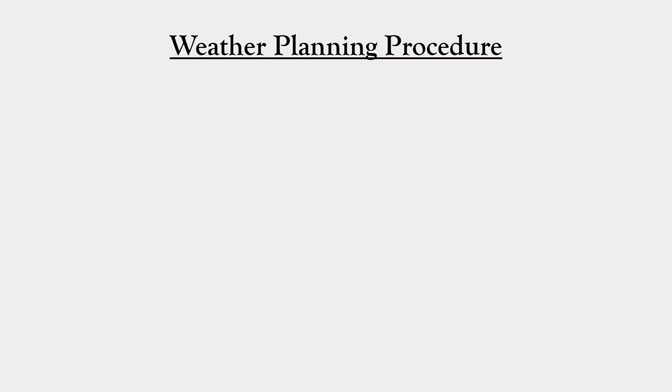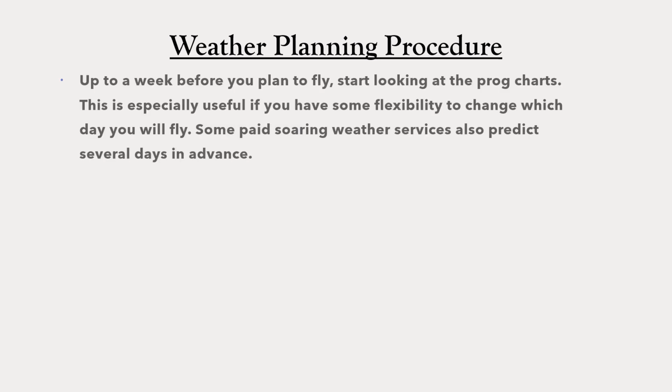Now let's talk about the procedures you should use, and when you should look at some of these different pieces of available information. I like to start looking at the weather up to a week ahead of a day when I have an opportunity to fly. That's especially true if I have some flexibility, and I could choose whether to go on Friday, Saturday, or Sunday, and I want to choose the day with the best weather.